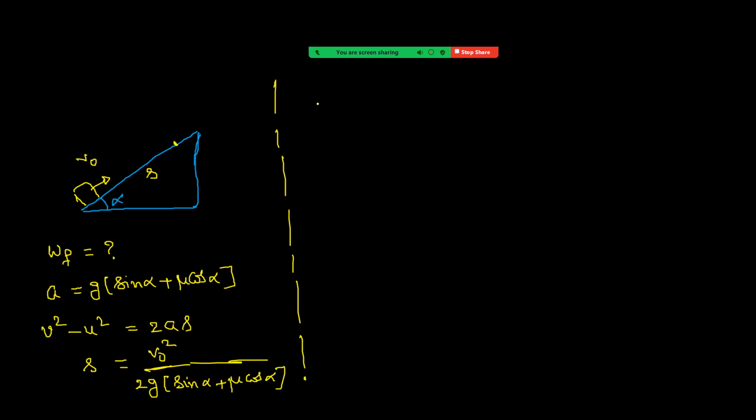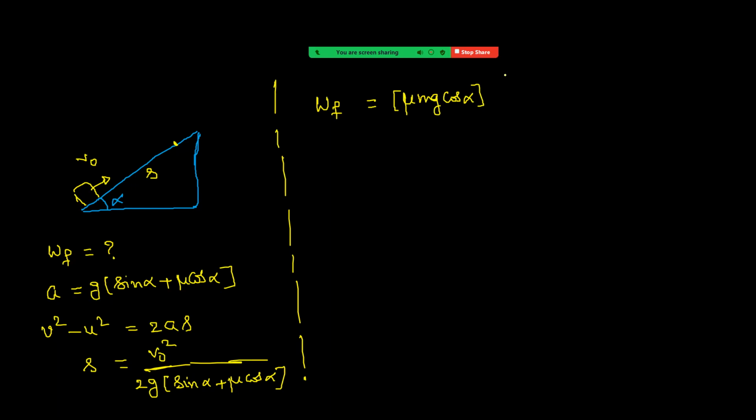Once we have the displacement, calculation of work done by the frictional force is very simple. Frictional force is a constant force. Since the body is slipping, friction is kinetic, equal to mu k into normal reaction. In the question it is given as k, but I have taken mu. So it is mu into normal reaction, and normal reaction is mg cos alpha. This is the magnitude of the frictional force.